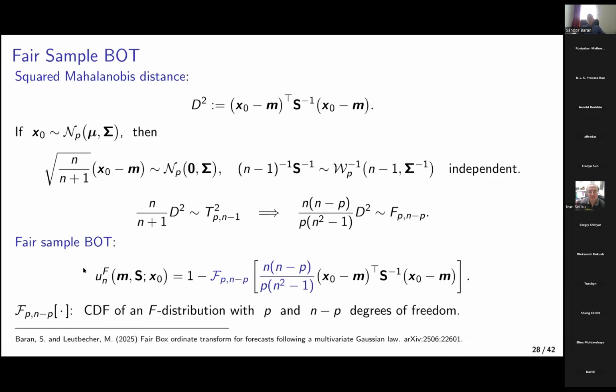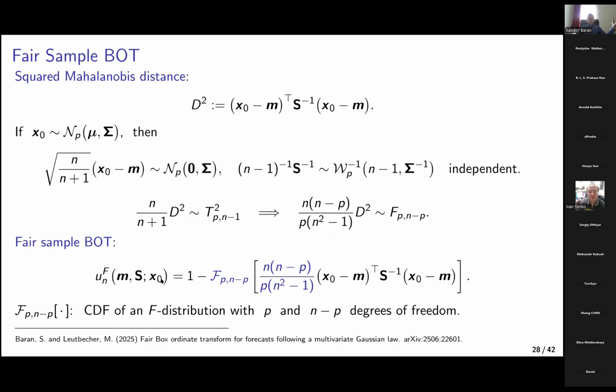Instead of the chi-square distribution here, we consider an F distribution, and we have this correction term coming from this part. This is what I will call a fair sample BOT.